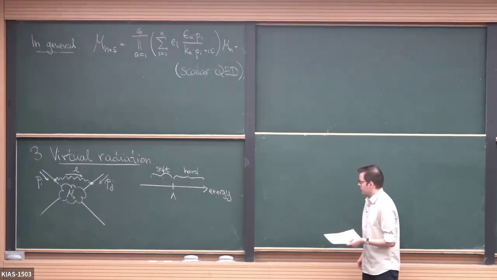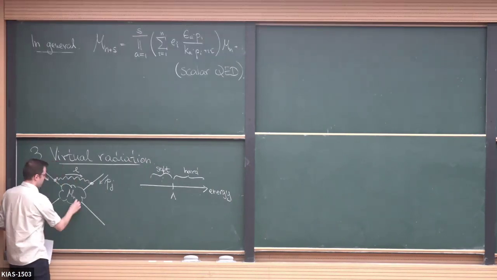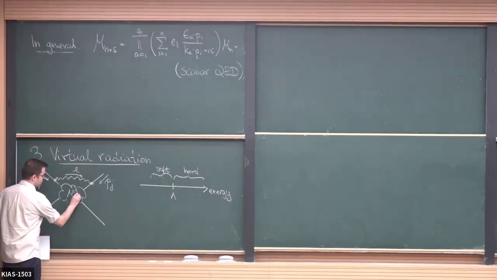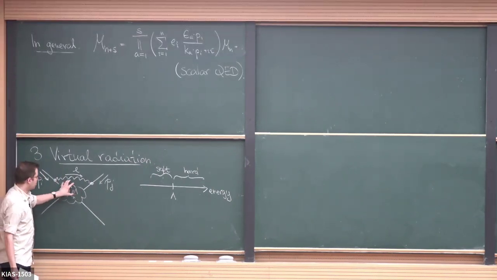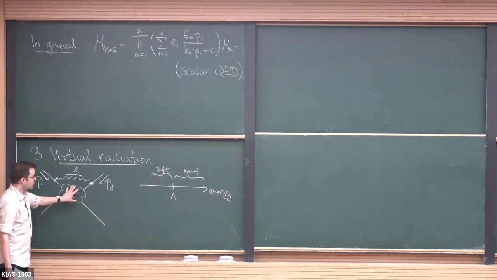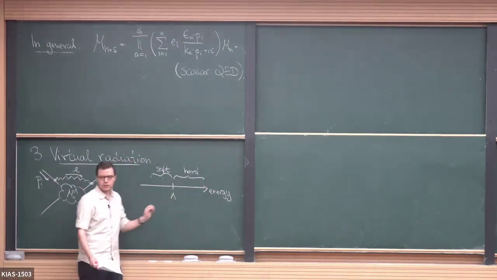Okay. So the next thing I'm going to do is pretend that I have some scattering amplitude of n particles with the cutoff Lambda. I'm going to pretend that for this amplitude, I've computed all the complicated loops associated with hard states.